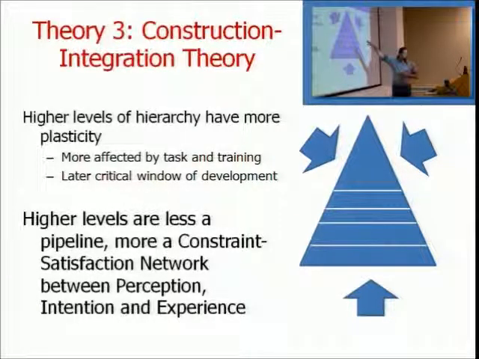At the higher levels, it's more of a network with 3 constraints. There is the input from what you see, there is your task, what you want to do, what you need to do, and there's your training, expertise, previous memories, previous conditioning, and all that. And the higher you go in the hierarchy, from perception to cognition, comprehension, all that, the more your task and training play a role. Okay?